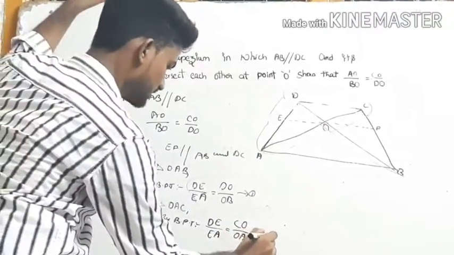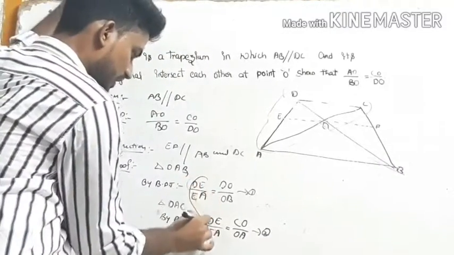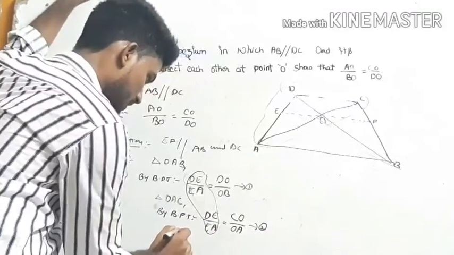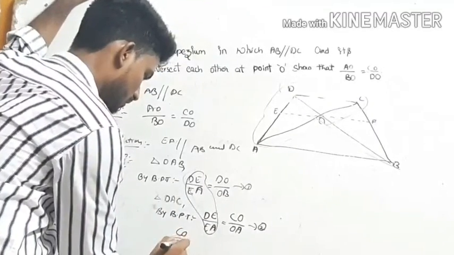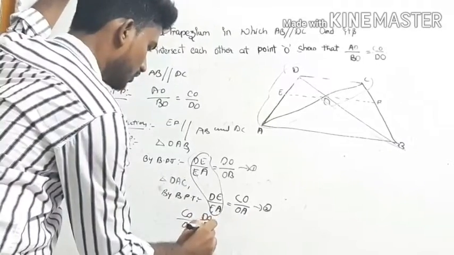This is the second equation. From 1 and 2, DE by EA is equal, so we can write CO by OA equals DO by OB.